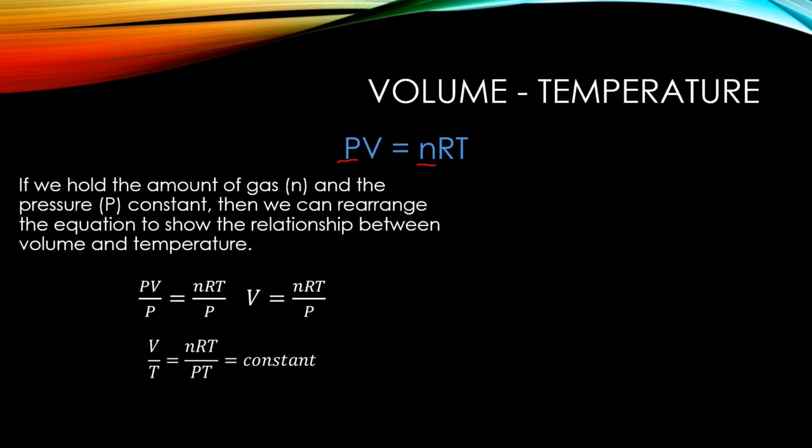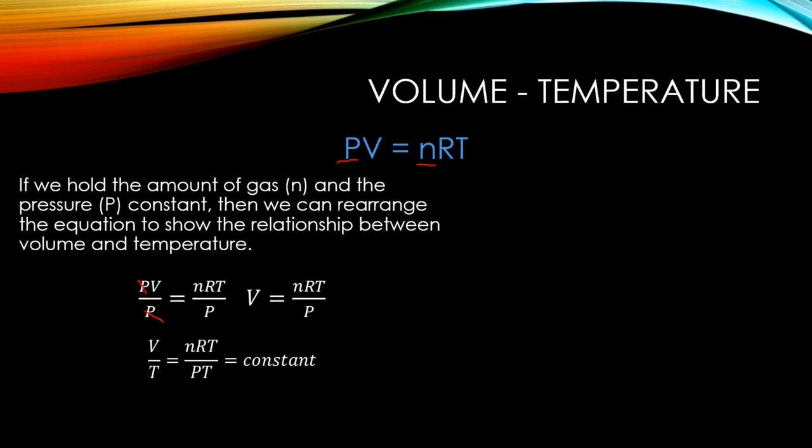We're going to take this equation and divide both sides by P. We want to get P over on the other side of the equation. So if we divide both sides by P, we end up with PV over P is equal to nRT over P. Well, P's cross out over here, and we end up with the volume is equal to nRT divided by P. We also want to get temperature over here on the side with volume, so we can divide both sides of the equation by T, and we end up with this.